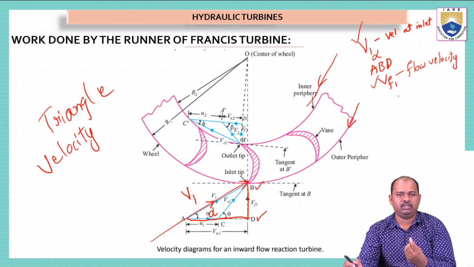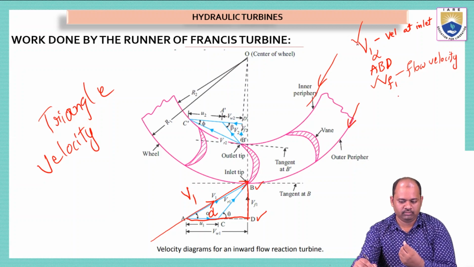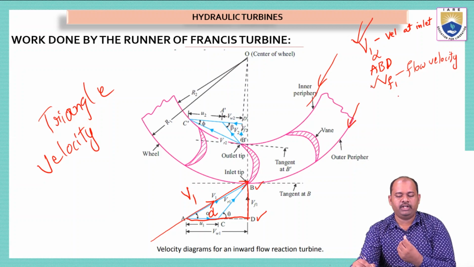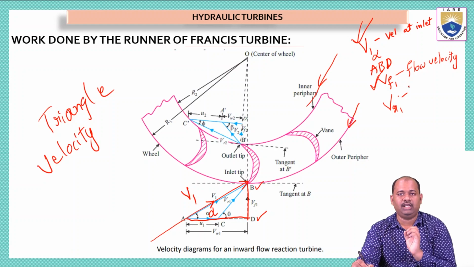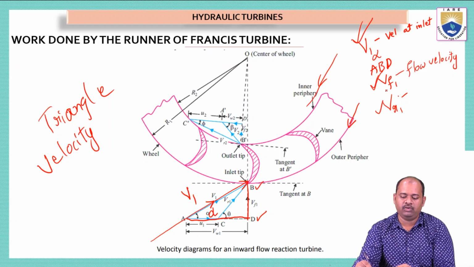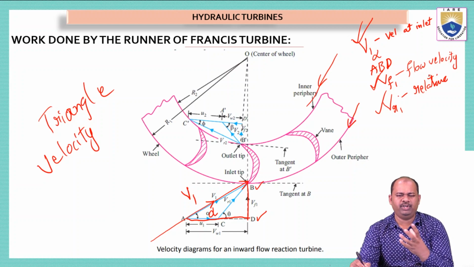Initially the velocity of the water is considered as V1. Now it is divided into a first part, VF1, which is the flow velocity which will make the water flow on the surface of the vane. Another part is VR1, which is the relative velocity of the water that is entering into the turbine vane. This relative velocity is responsible for movement of the turbine.